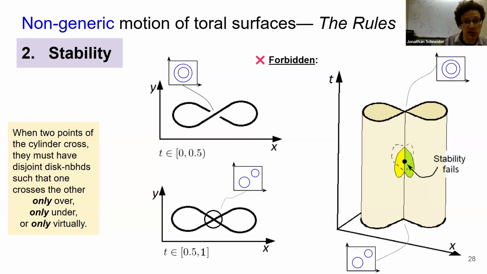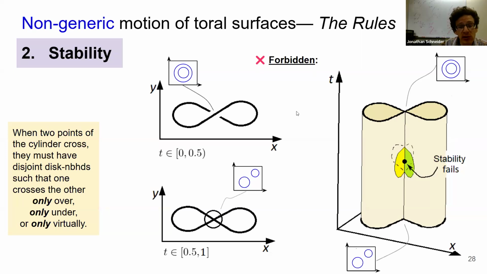Rule number two, stability. You can't abruptly change crossing data just out of nowhere during an isotopy. Here, I am imagining a torus whose longitudinal curve in the XY plane looks like this infinity symbol, this figure eight curve, starting out with a classical crossing in the middle, and then for some reason, at time t equals 0.5 seconds, abruptly changing into a virtual crossing out of nowhere. This is absolutely verboten.